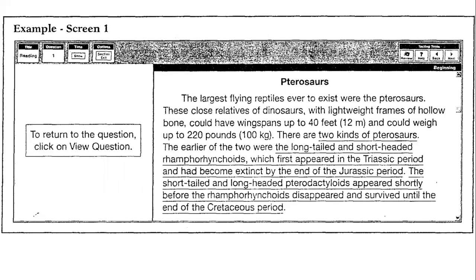And that they existed from the Triassic period to the Jurassic period. So these are the 2 correct answers that describe rhamphorhynchoids. Okay?